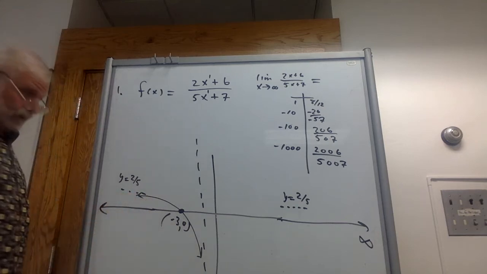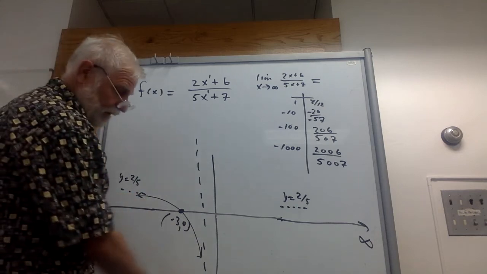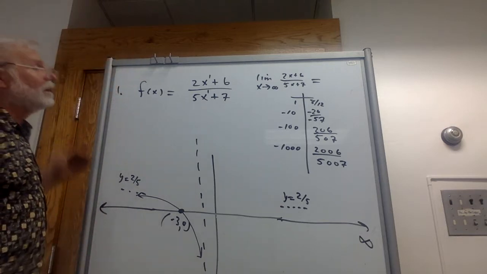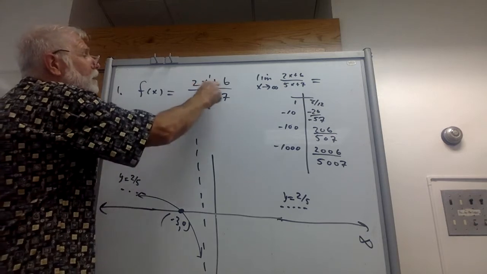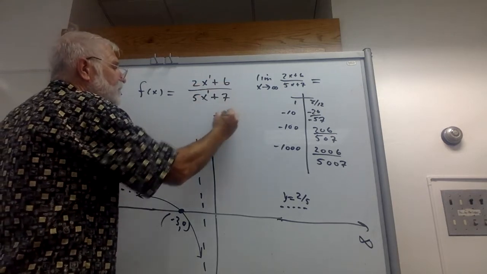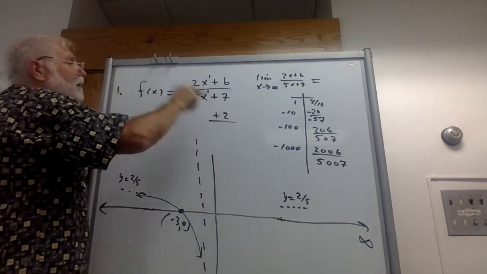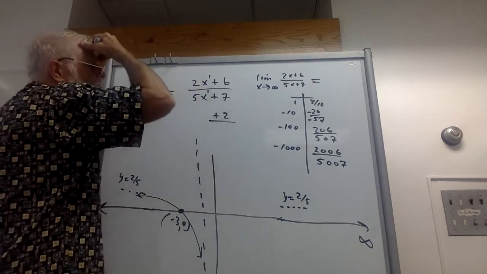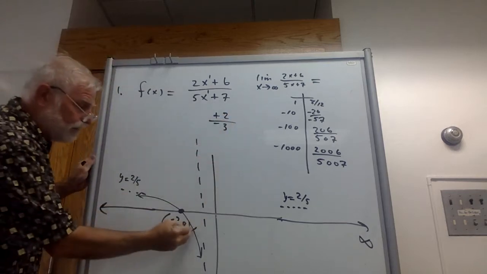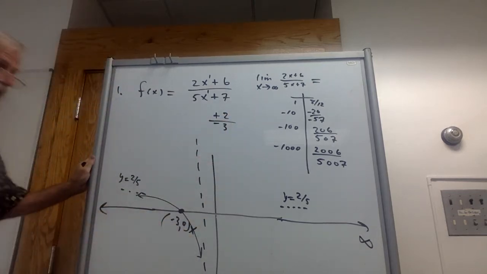Of course, you can always pick a number near -7/5. Why don't we pick -2? Let's put -2 in. -4 plus 6 is +2. Almost wrote a negative. And -10 plus 7, -3. All right, I think we're in the right vicinity.